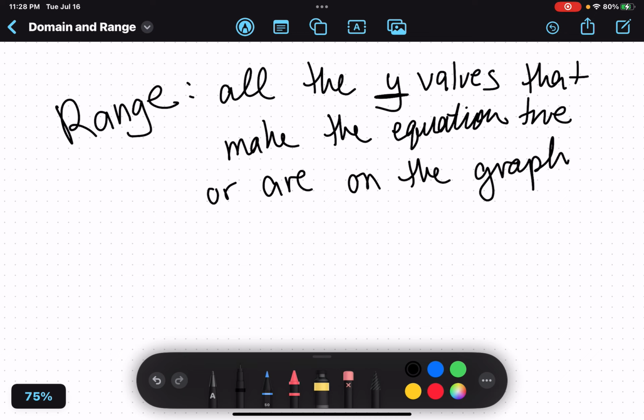So for example, if we had 2 plus 3 equals y, the only value that y could be is 5 because 2 and 3 only make 5.